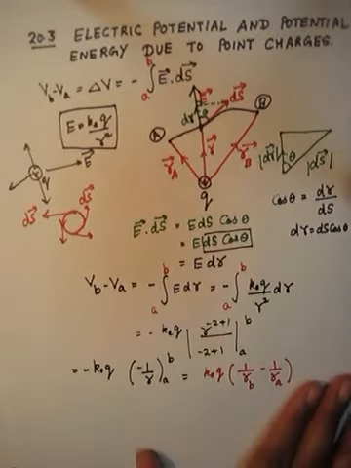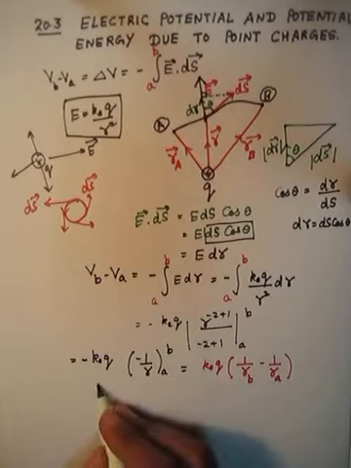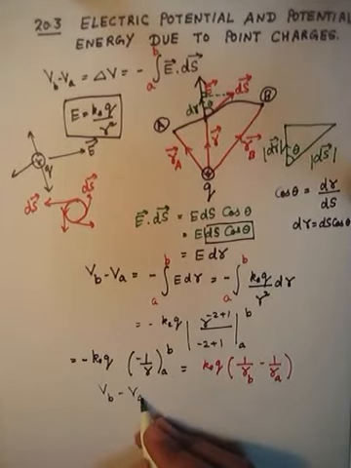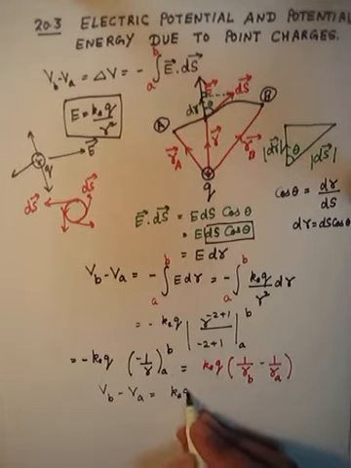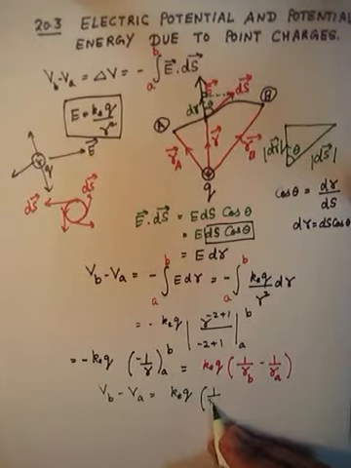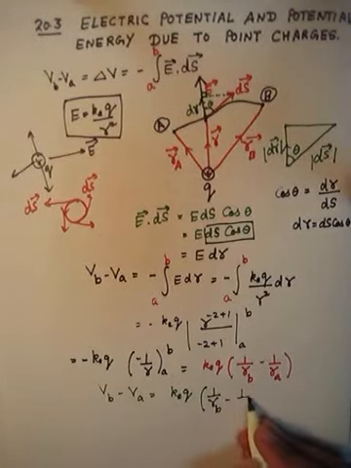So the total expression is VB minus VA equals KQ times (1 upon RB minus 1 upon RA).